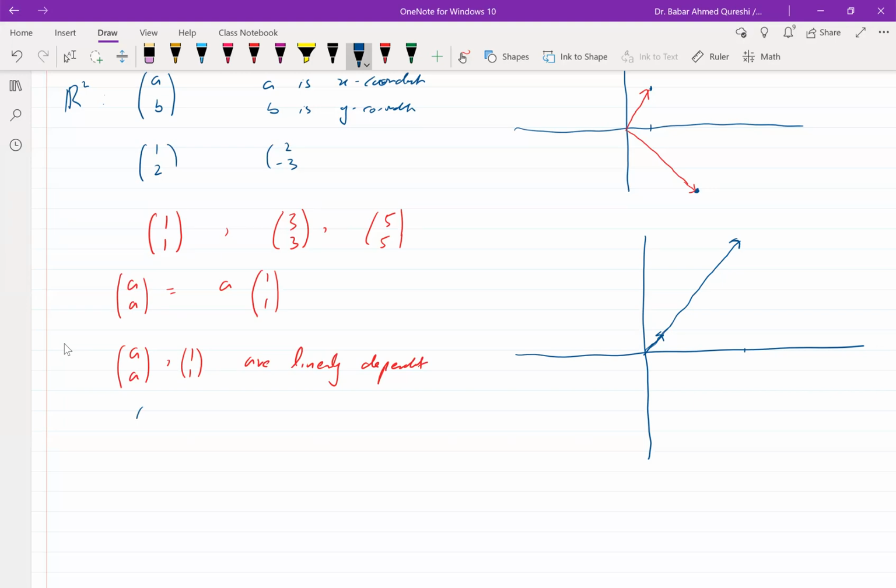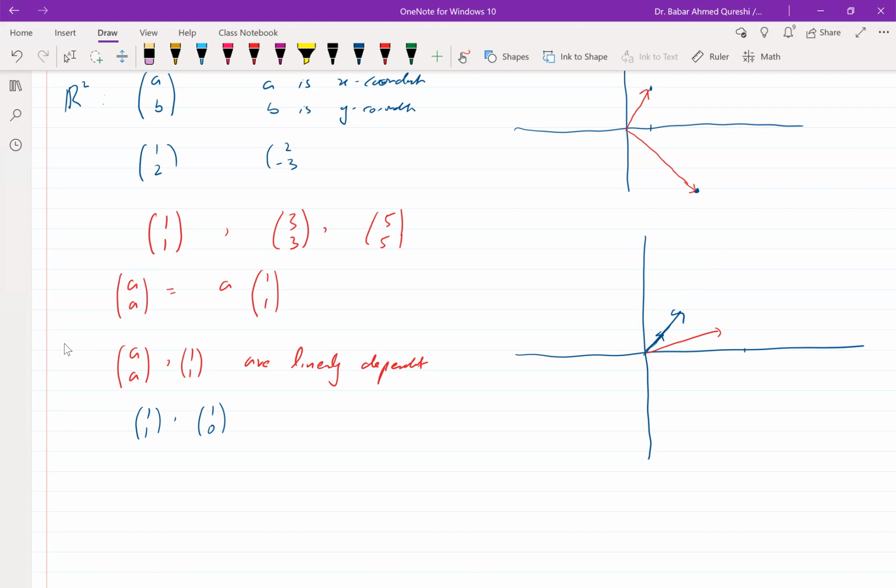On the other hand, if I pick any of these, like for example, 1, 0, and then this vector, then they are linearly independent, because I will never be able to make a 0 by a combination of these, right? Because they have different x and y components. You can try doing it with the head and tail rule.